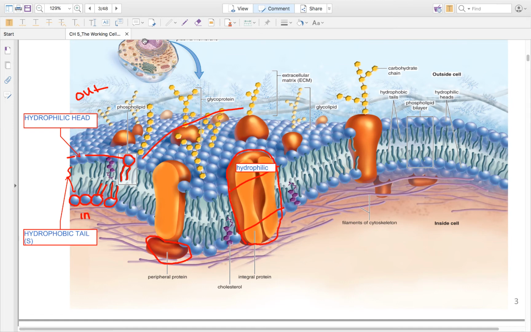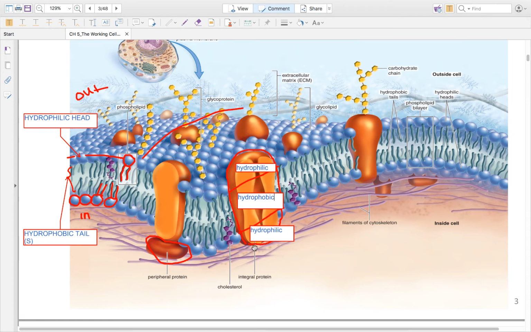Okay. And so down here, this end is also hydrophilic. And it has a hydrophobic center, this thing is hard to move around. All right, you guys get the point. It has a hydrophobic core, so the center is hydrophobic. So this allows the protein to be embedded from end to end.